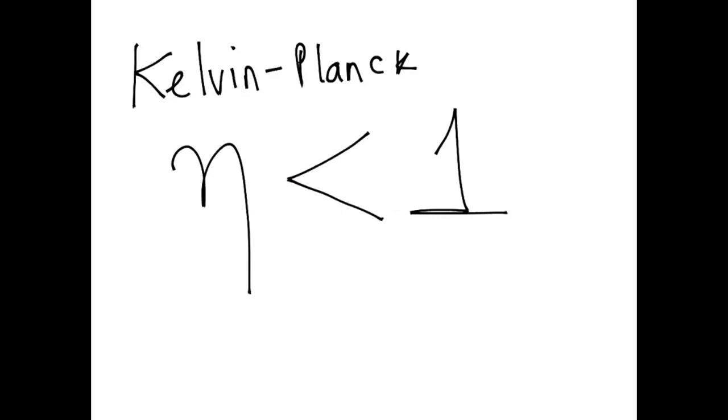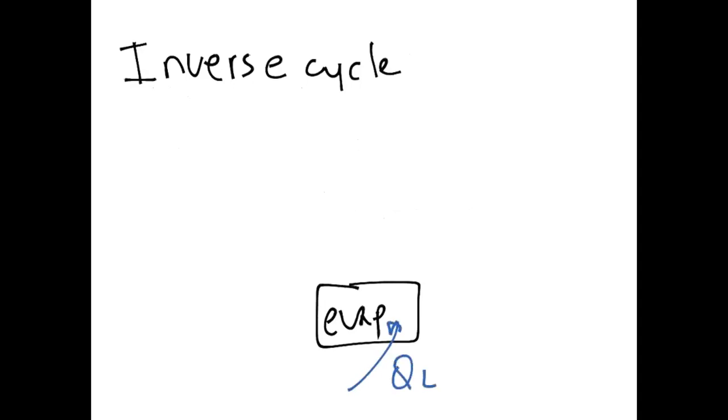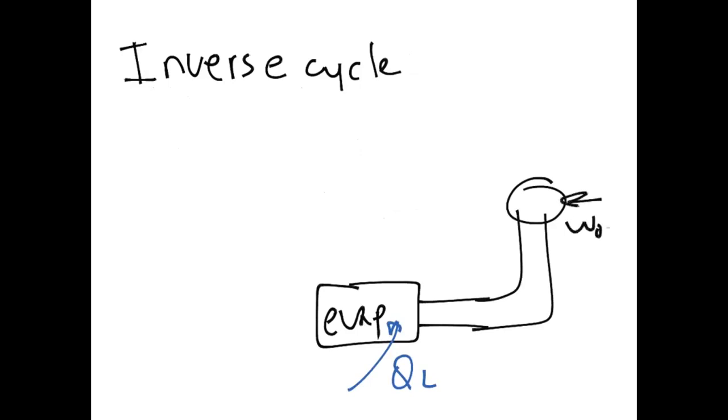It is impossible. If you use the same cycle but invert it, you have an evaporator, where you get lower temperature heat. Then you have refrigerant and a compressor. You have to input some work, and then you compress the refrigerant.